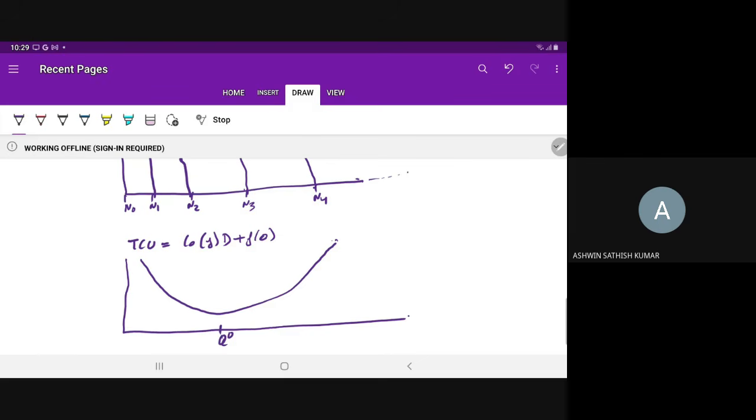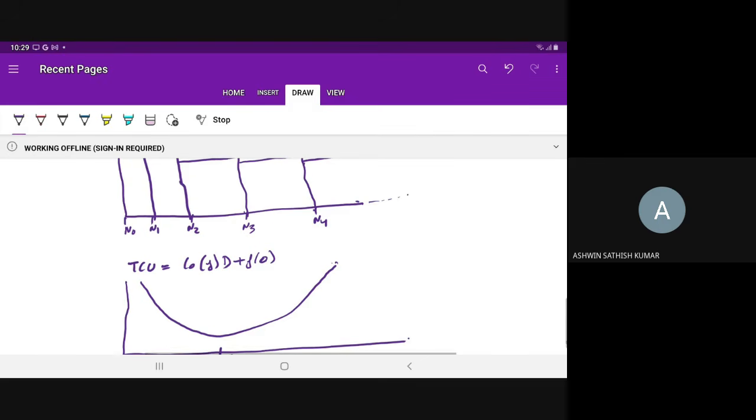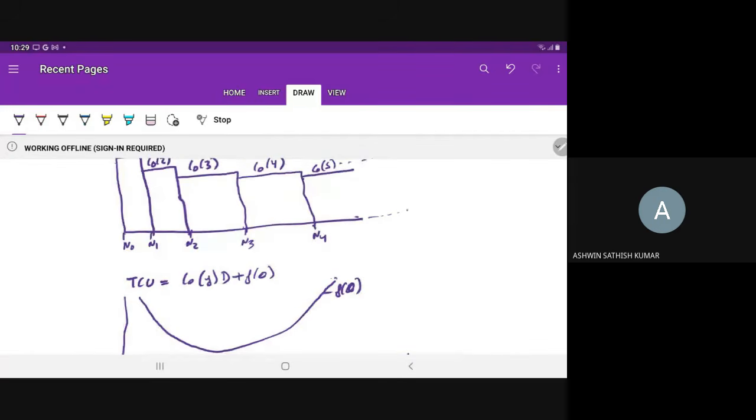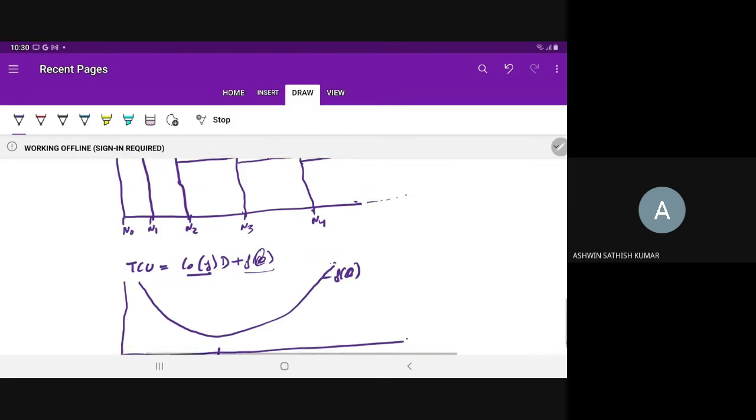This is the graph of the FQ, and at the Q naught it is minimum. So when we add these two graphs, the above graph is of C naught J into D, that is the constant, plus FQ.